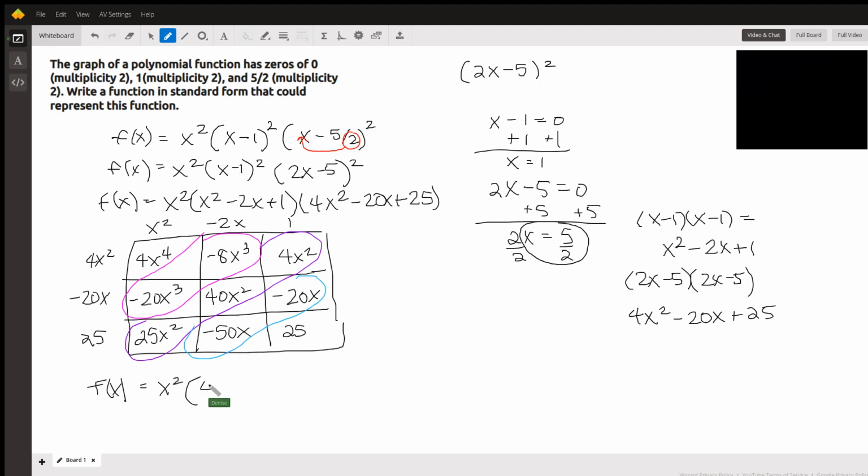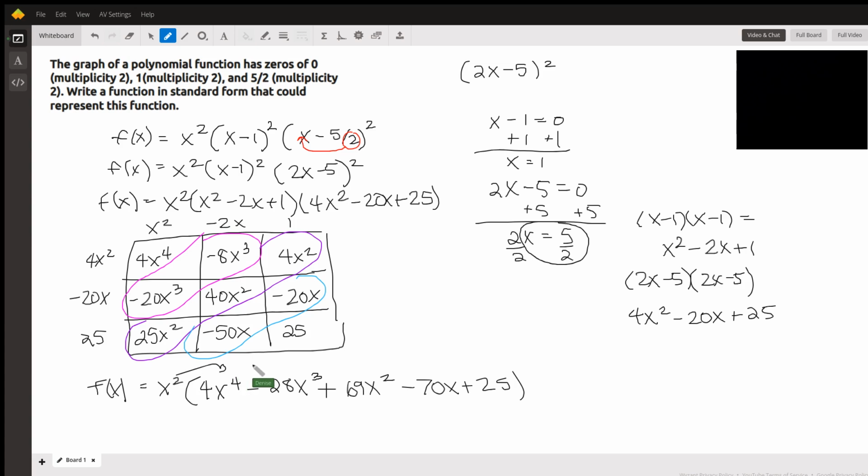This gives me 4x to the 4th minus 28x cubed, minus 44 plus 25, 69x squared, minus 70x plus 25.